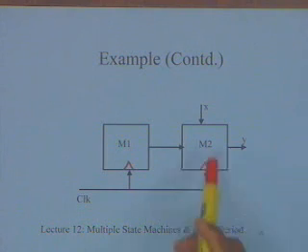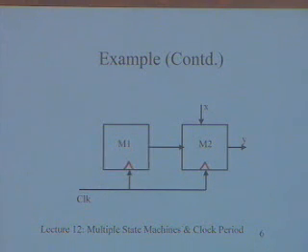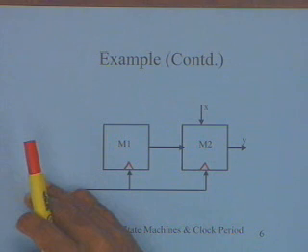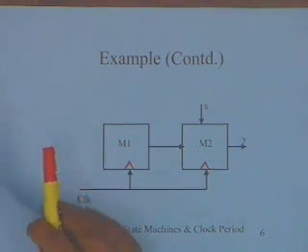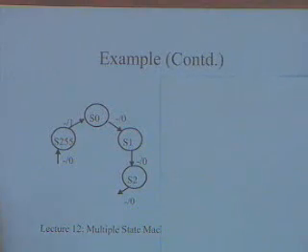Now, if I translate this into my problem, M1 has to detect the block boundaries. So I need to modify my state diagrams a little bit, and the modifications are like this. First, let me see the modification that occurs in M1. This M1 is again a free running counter, except that I need one output from this counter.